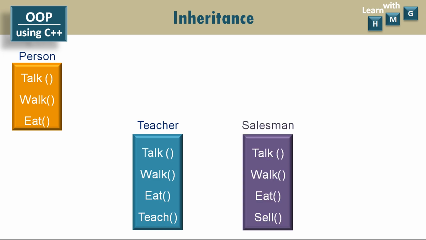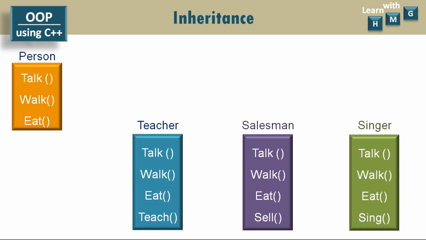Another example, salesman. The salesman again has four properties: talk, walk, eat and sell, out of which the first three properties, talk, walk and eat, are the properties of every person, while sell is the special property of the salesman. The salesman can sell.